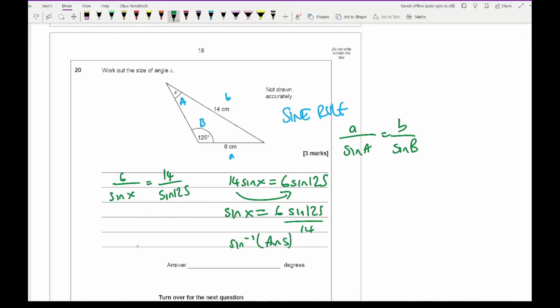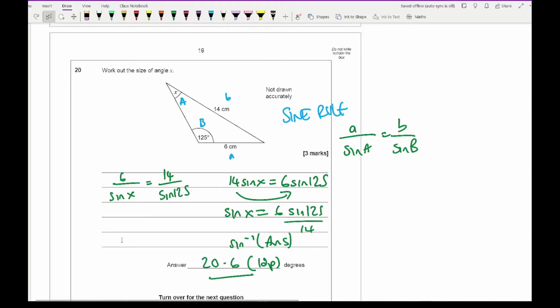So if I do just that, 6 sine 125 divided by 14, and then do the inverse sine of the answer, I should get an answer of around about 20.55, so 20.6 to 1 decimal place.